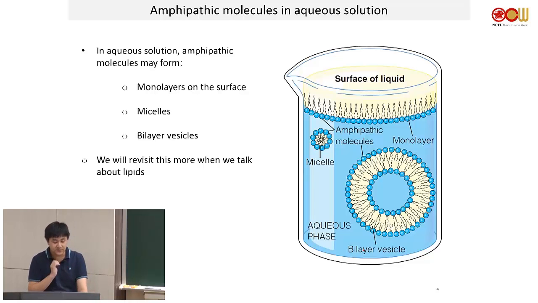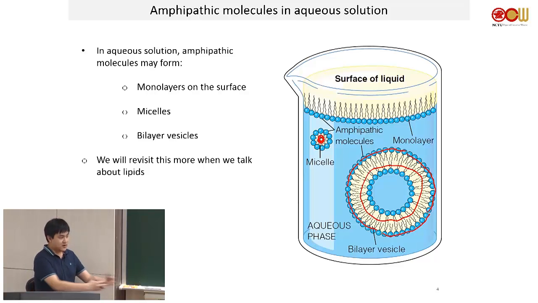So if you throw your amphipathic molecules, like a fatty acid, into water, what happens? I think you guys already know what happens. The nonpolar part of the molecule will bind with each other like this or like that. The polar part, or the hydrophilic part, they bind with each other like that, okay?